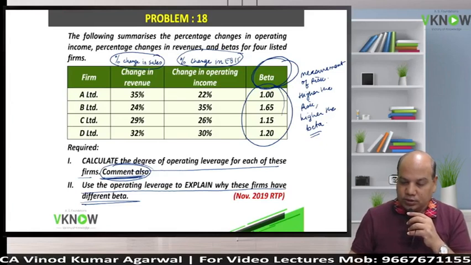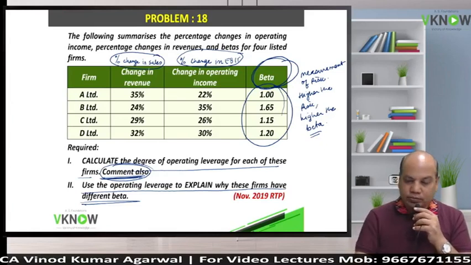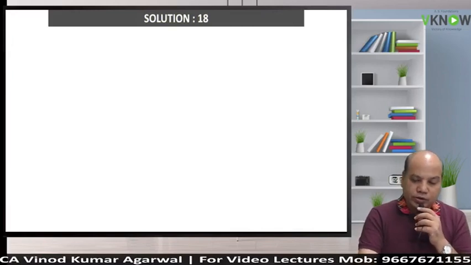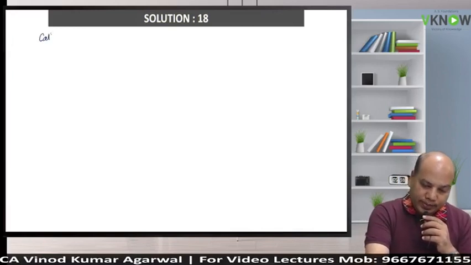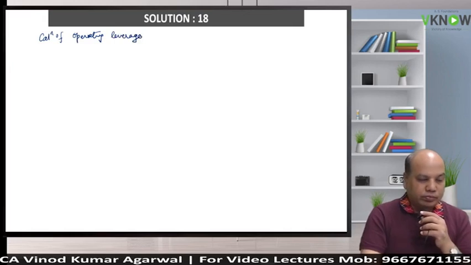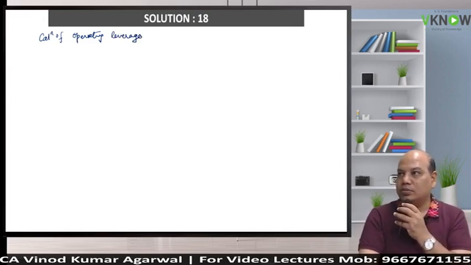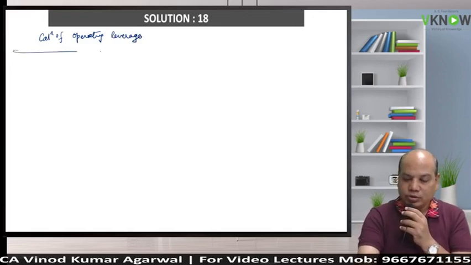So let us first write down in the notebook calculation of operating leverage. For this question, the formula to be used will be change in EBIT upon change in sales. If you try to apply contribution upon EBIT, you will not be successful.